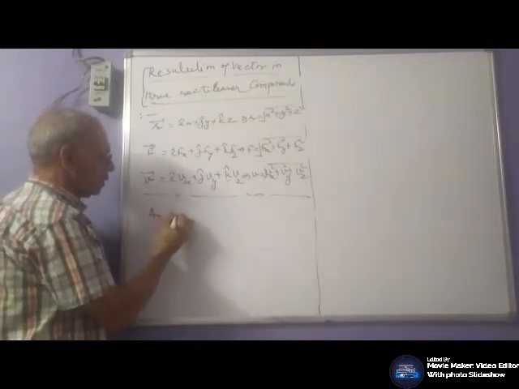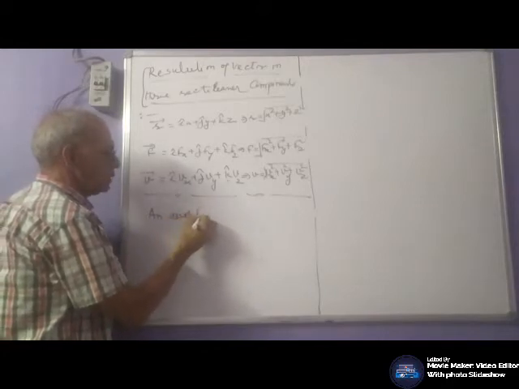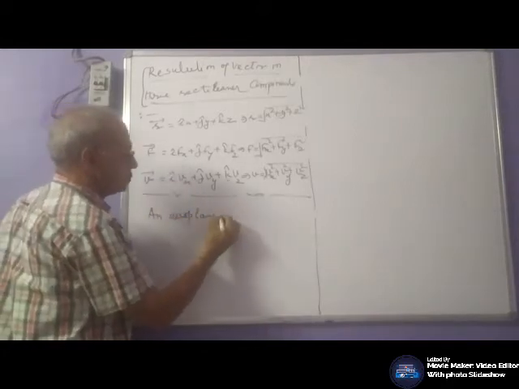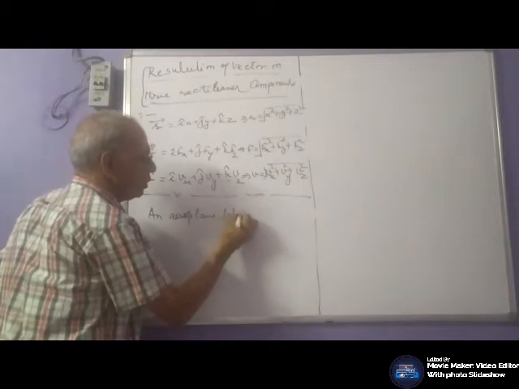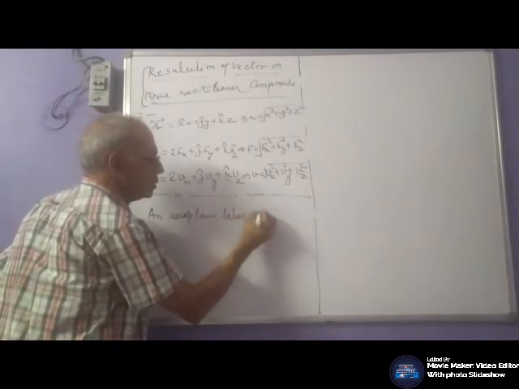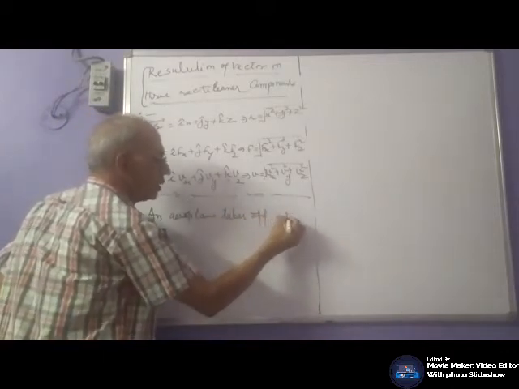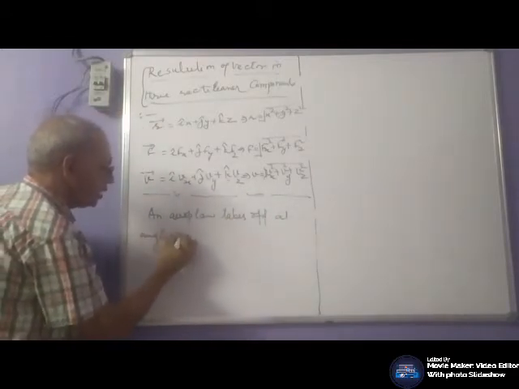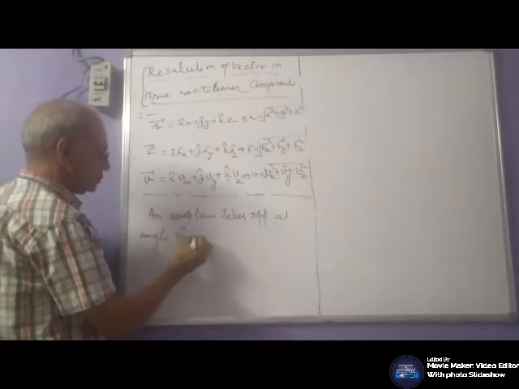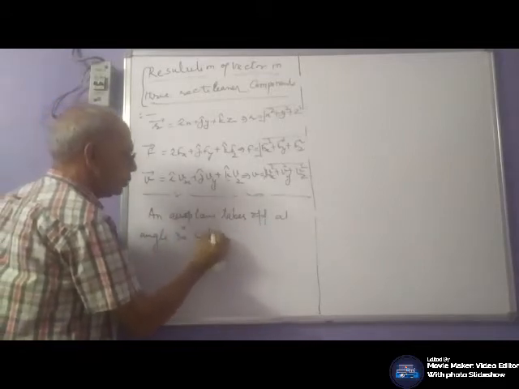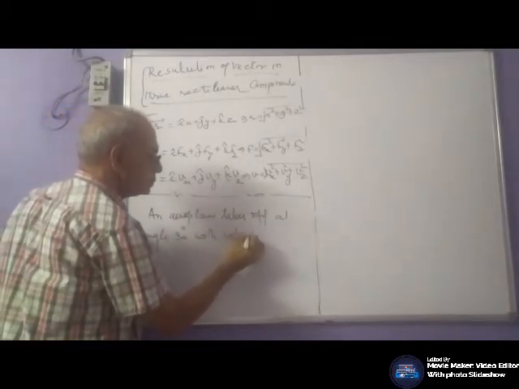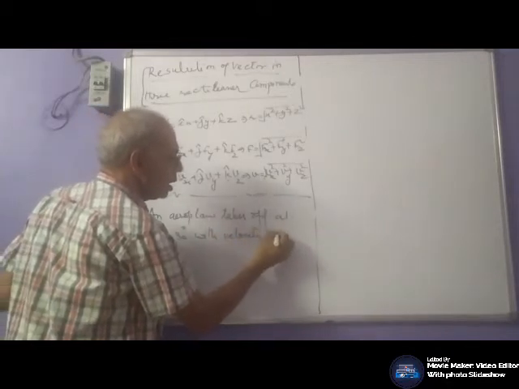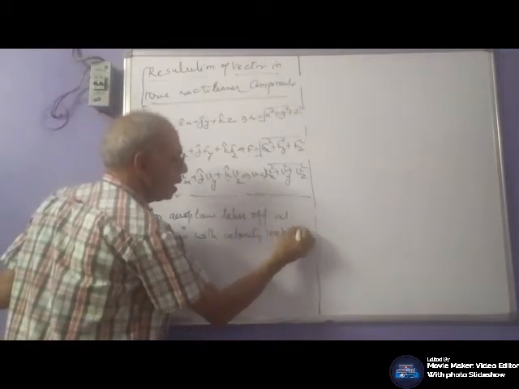Question. An aeroplane takes off at an angle of 30° with a velocity of 100 km/h.